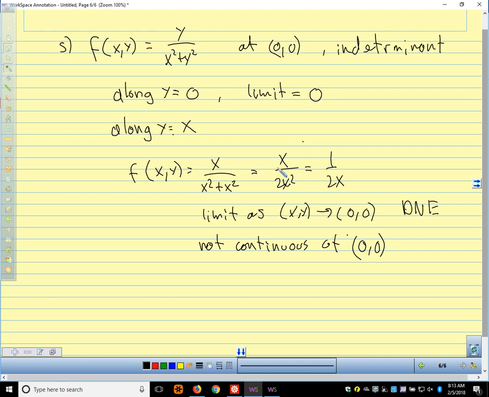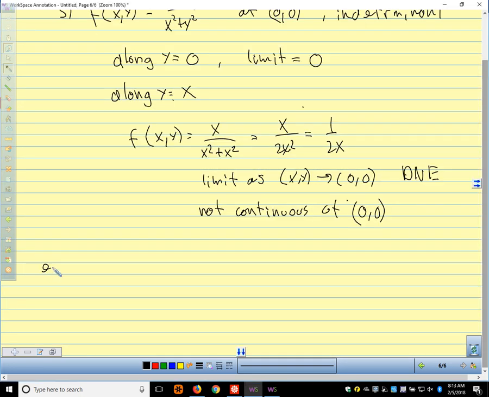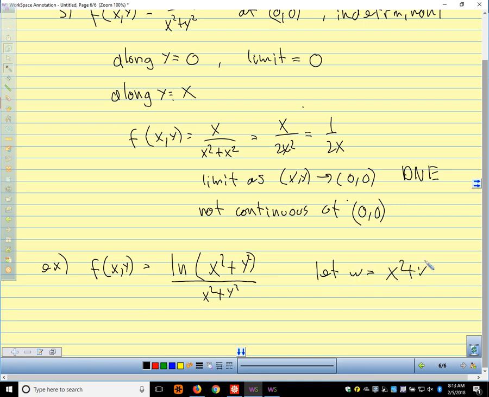Right. So for example, if you had something like f of x, y is natural log of x squared plus y squared over x squared plus y squared, I would say let w equal x squared plus y squared.